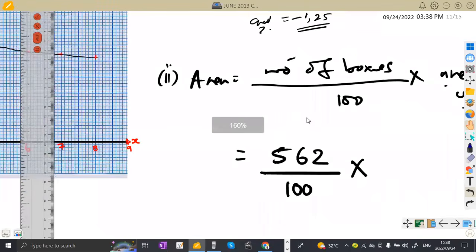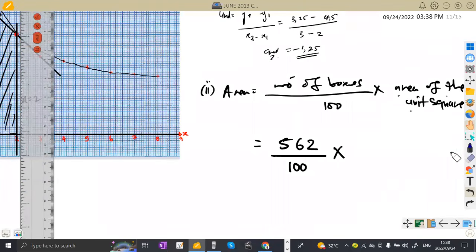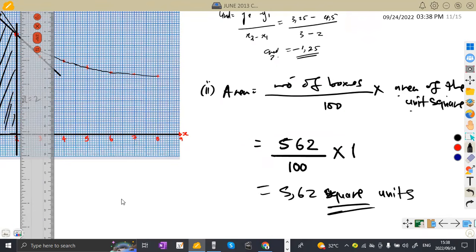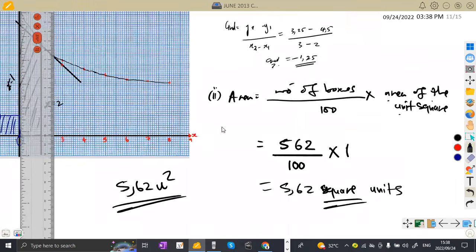Okay, so 1 times 1 gives us 1. So you're going to multiply by 1 in this case. Okay, so you're going to obtain something like 5.62 square units. So area is measured in square units, or you can write it as 5.62 square units like this. Okay, so that is how you simply calculate the area, guys. Just like that, you're done.